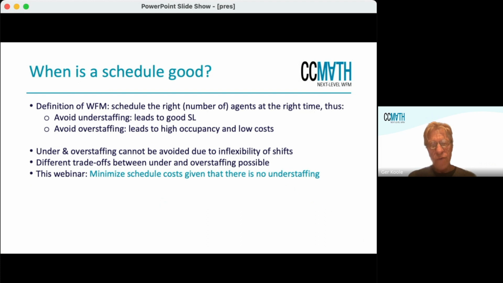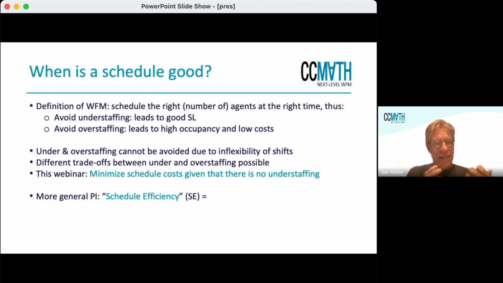So we're going to focus on the situation where we do not allow for any understaffing. So we're going to meet the service level in any interval during the day. And then, under this condition, we're going to try to minimize the overstaffing.